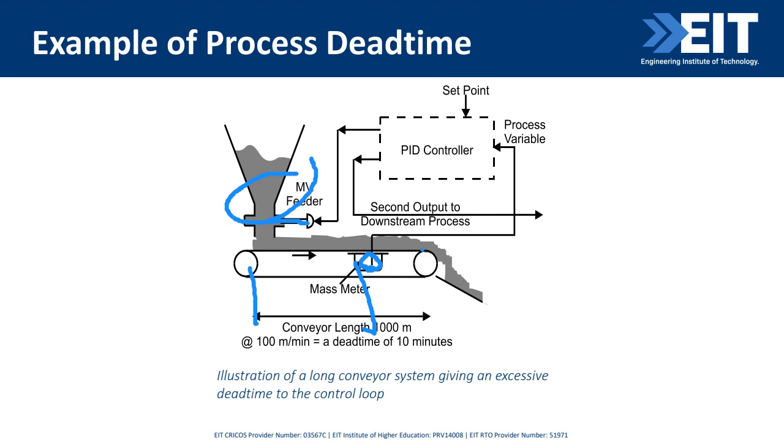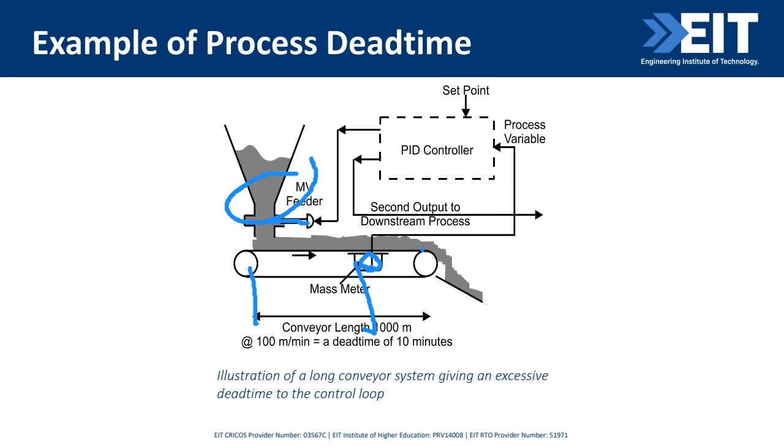As soon as you make a change to your feed onto the conveyor belt, you measure and say, hey, there's no change. So you put more in, and more and more and more. And of course, then suddenly you overshoot and then you have to start reducing again. So dead time is public enemy number one for a good PID loop.